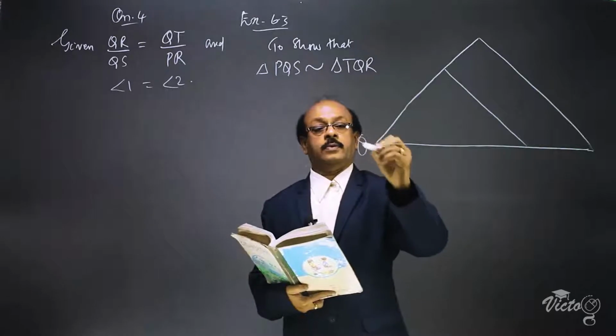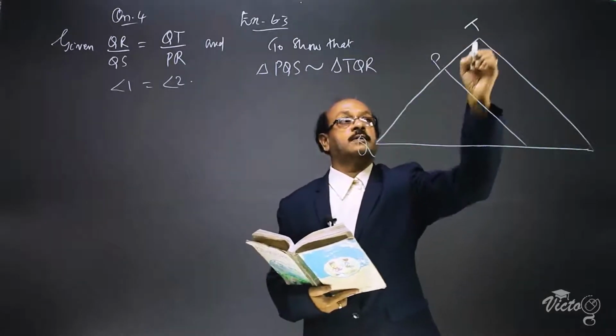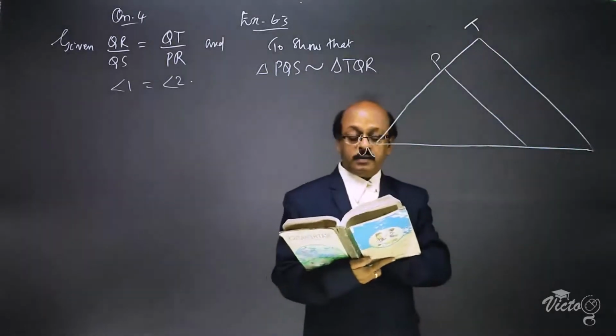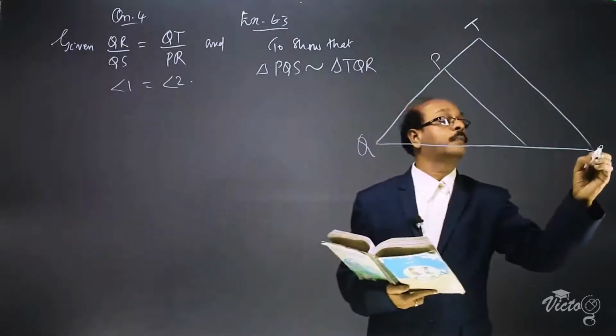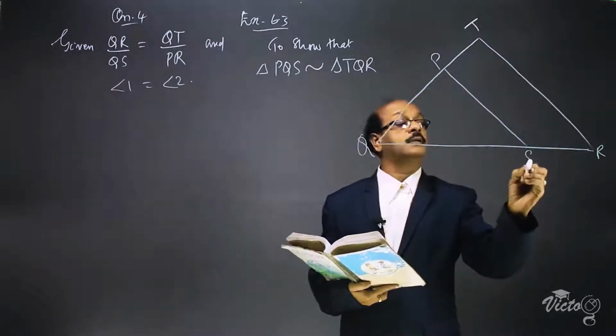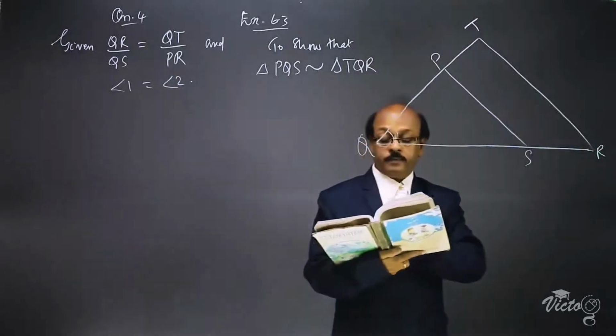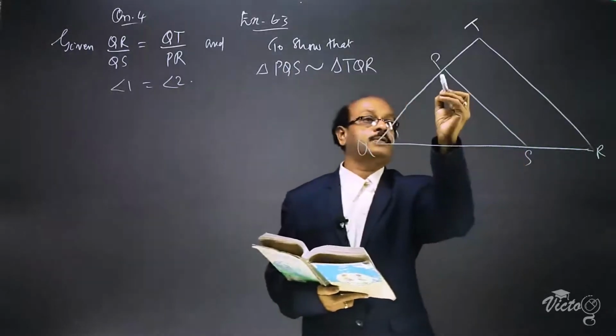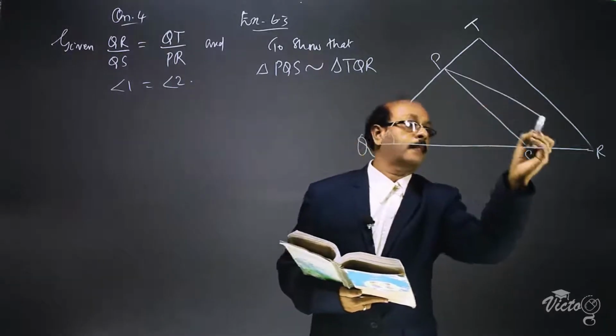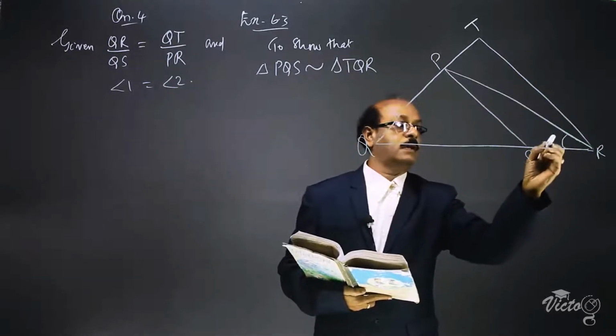Q, this is P and this is T, and this is R and this is S. This is angle 1 and we have to join PR also. This is angle 2.